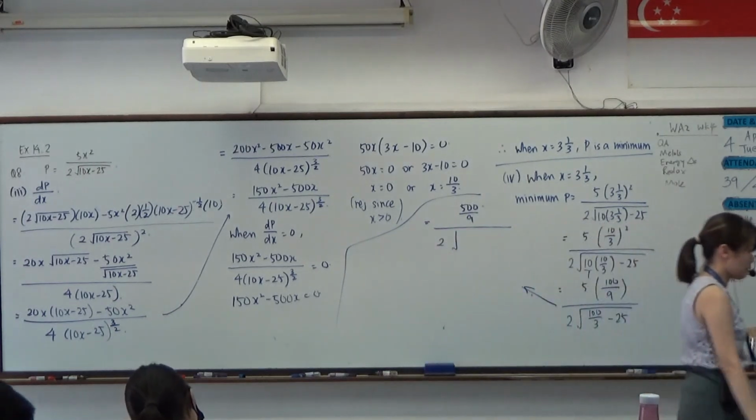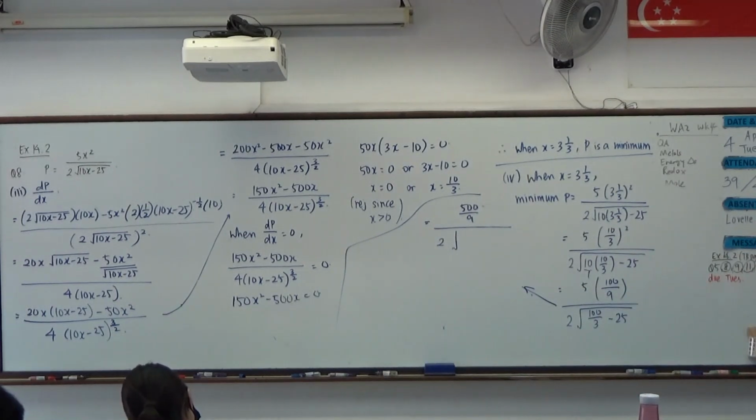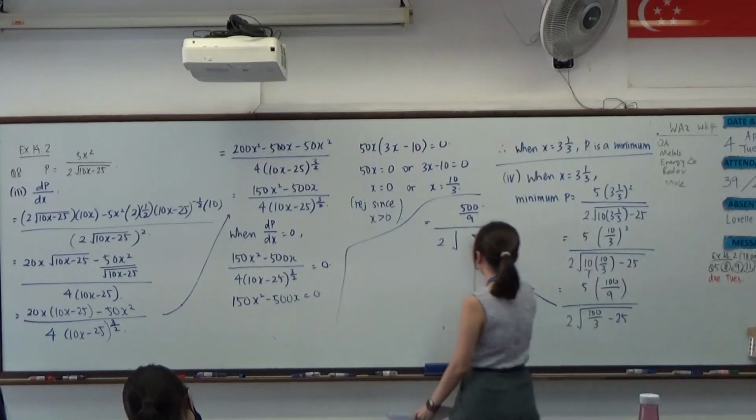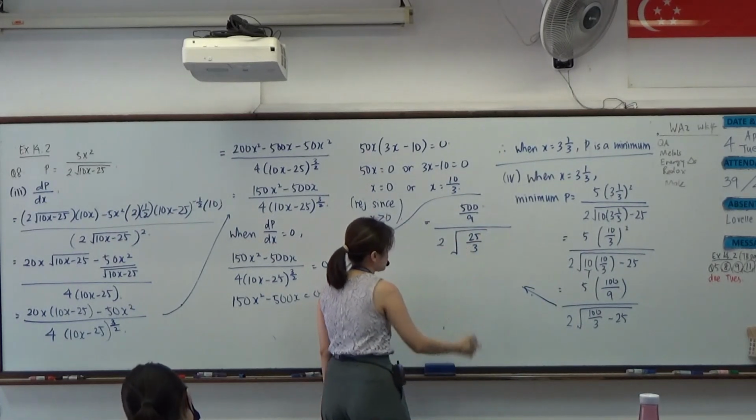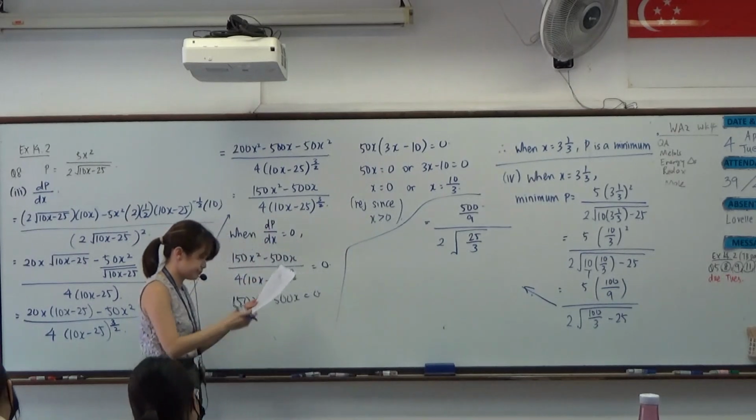By all means press your calculator. We will get 25 over 3. Make sure your square root sign covers what it needs to cover.